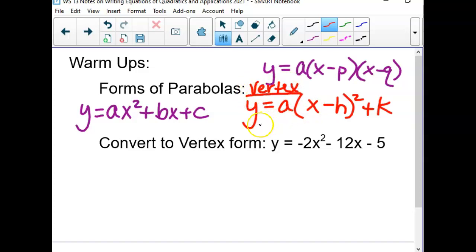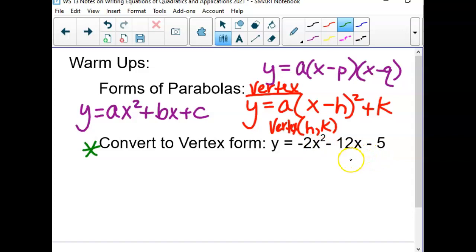Vertex form, y equals a, which is the stretch, or it also tells us whether it's opening up or down, x minus h, where the opposite of that, h, is the x value of the vertex, and then k is the y value of the vertex. So the vertex is at (h, k).